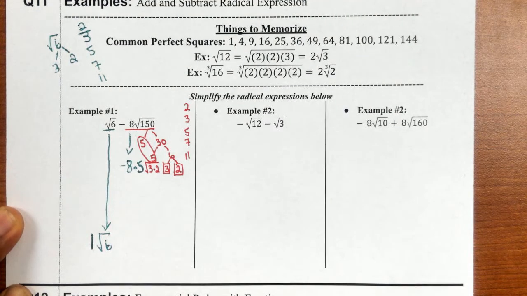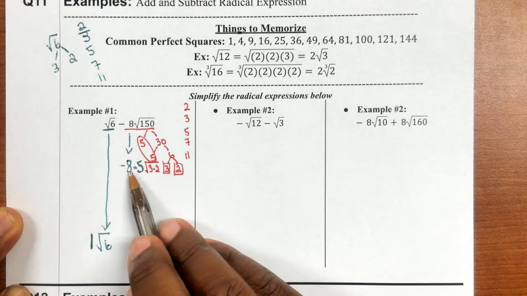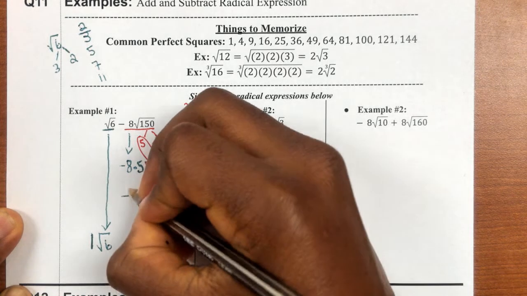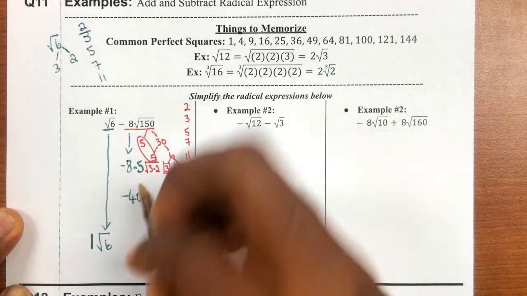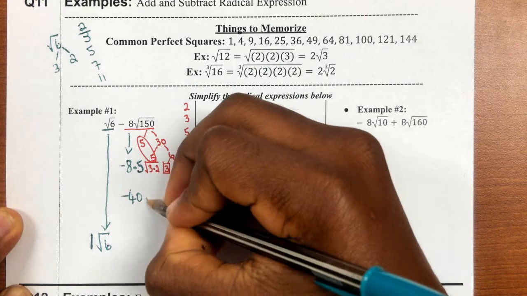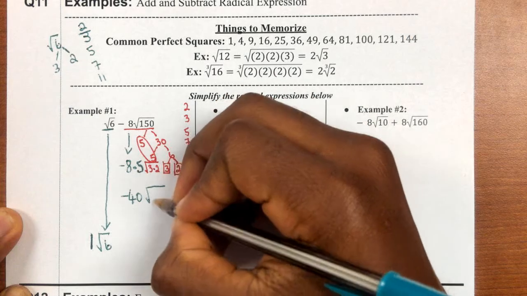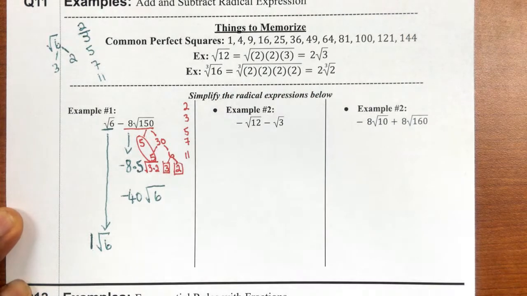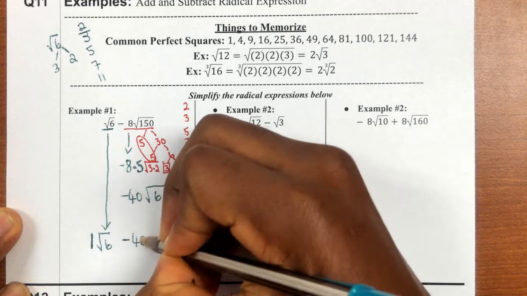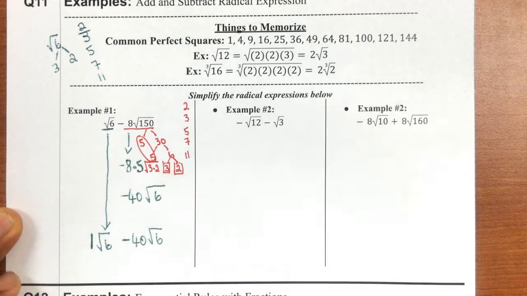When I multiply the numbers on the outside, negative 8 times 5 is negative 40. When I multiply the numbers underneath my square root, 3 times 2 is 6. And now I will bring it all the way down. Now I'm going to try to combine like terms.